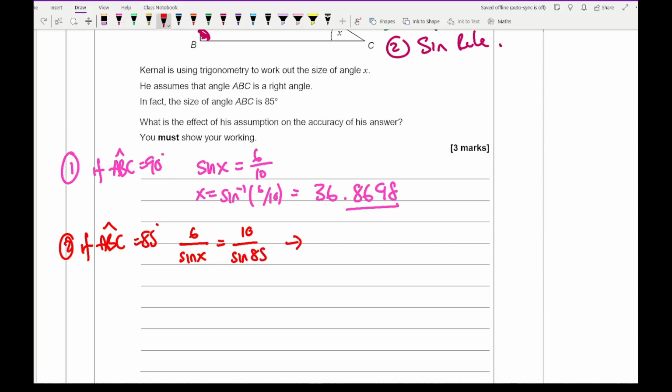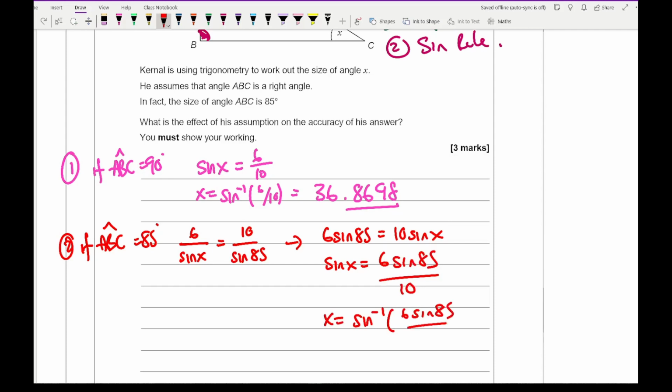Then if I do some cross multiplying, I get 6 sine 85 equals 10 sine x, then sine x equals 6 sine 85 over 10, so x equals the inverse sine of 6 sine 85 over 10, so x gives me an answer of 36.706.